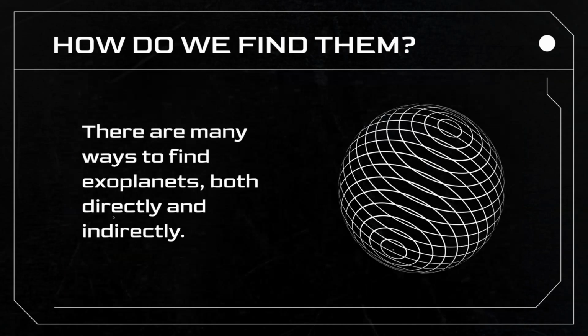The ways that we detect them vary based on those different characteristics, because the detectability of those different types of planets changes depending on their own characteristics. There are many ways to identify exoplanets, both directly and indirectly. Most of them are indirect. A lot of times we're looking at a star's data and finding some kind of blips or changes in that data that would signify that a planet's there.